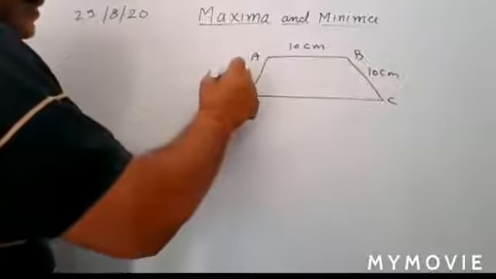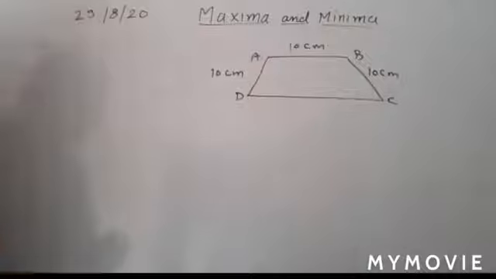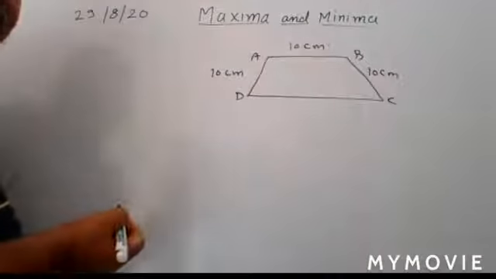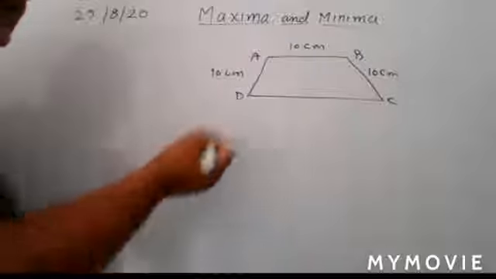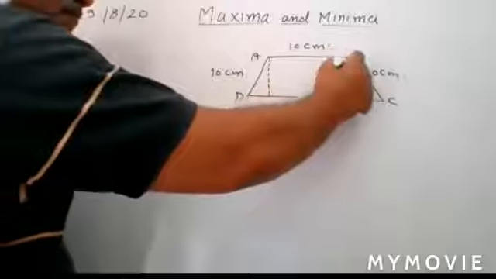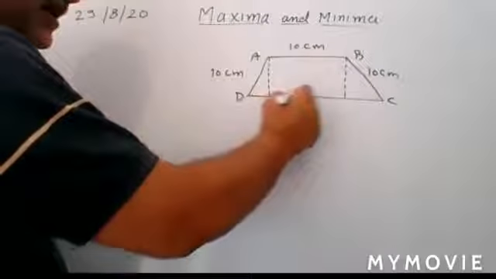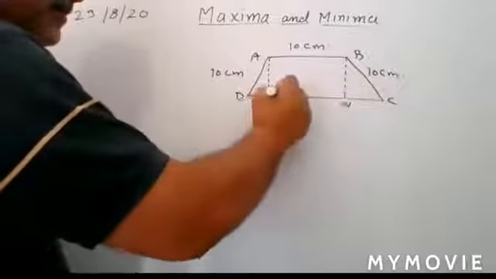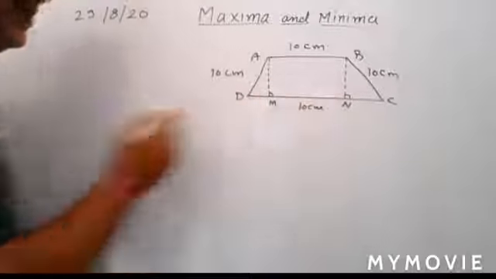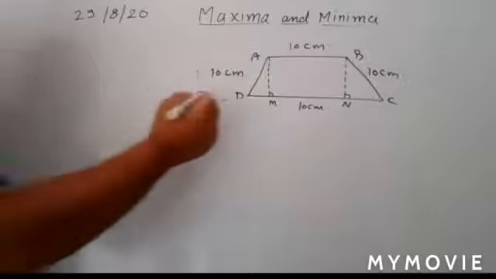First of all, you have to find its area. So what you do, here you draw perpendiculars, suppose AM and AN. No doubt MN is also equal to 10 centimeter.